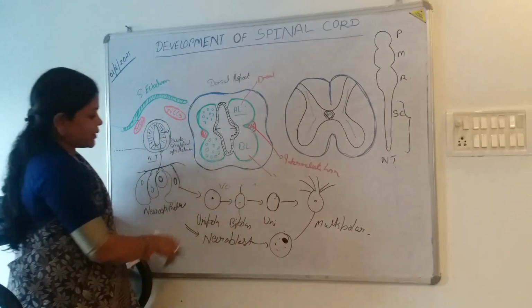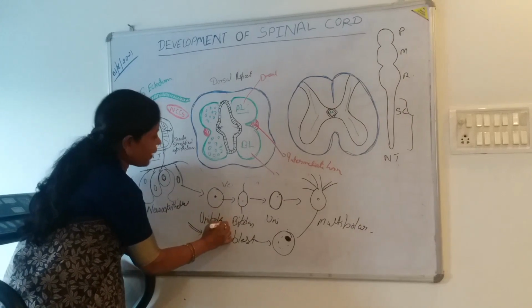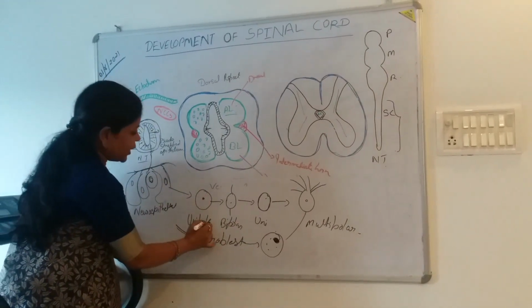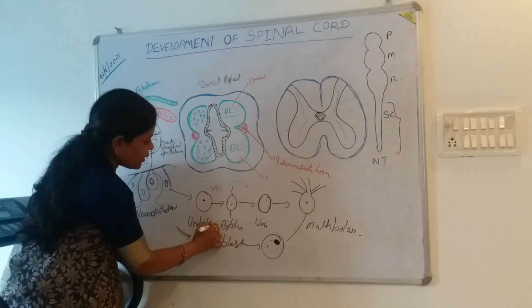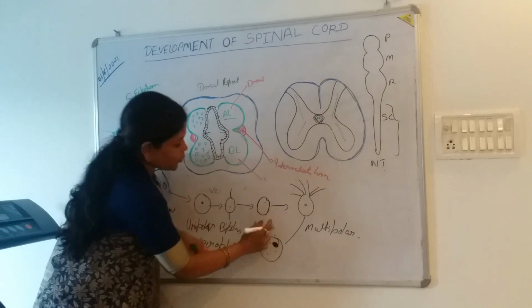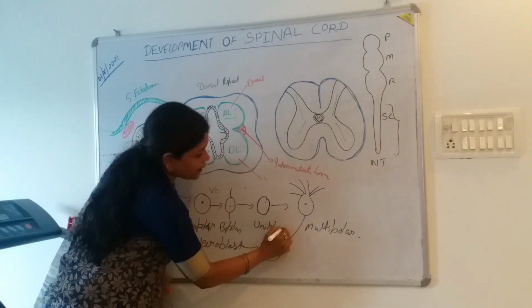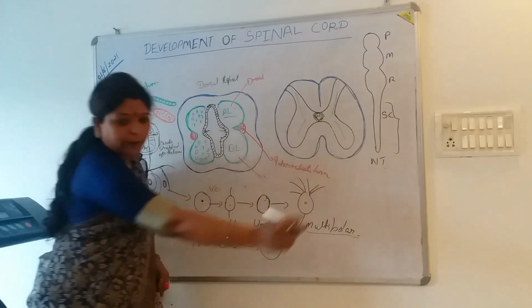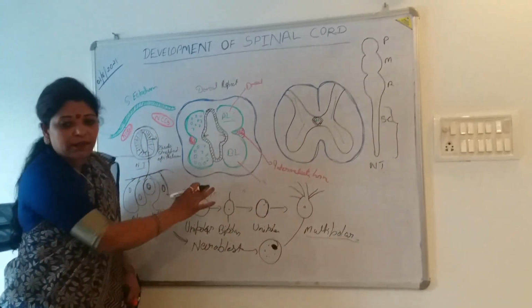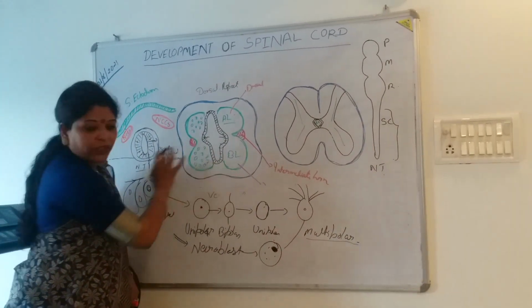So when the neuroblast cells migrate here into the mantle layer, first it is unipolar, then it becomes bipolar, again it becomes unipolar, and later it becomes multipolar. So this is the histogenesis of cells which is forming inside the formation of the mantle layer.